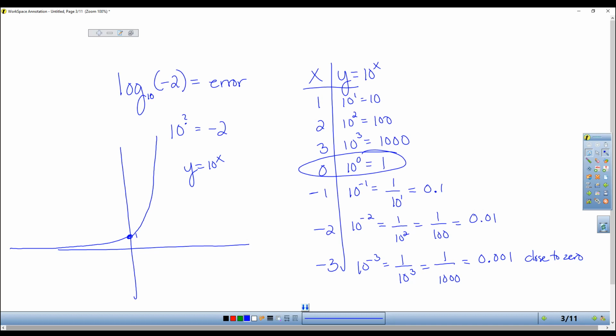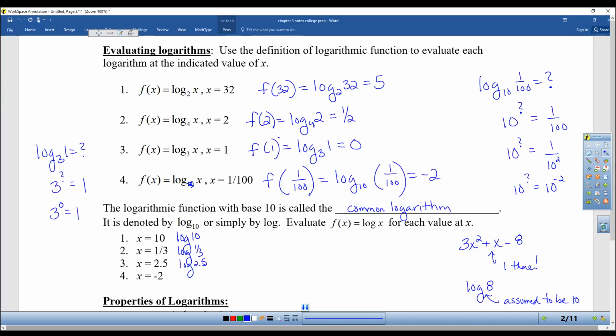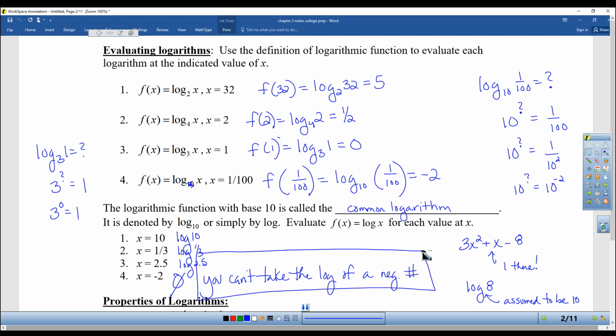No. So since what logs do is tell you the answer to an exponential problem, and the answer to an exponential problem is never going to be negative, you can never take the log of a negative number. That's really the bottom line. Undefined. You can't take the log of a negative number. Okay? Don't forget that.